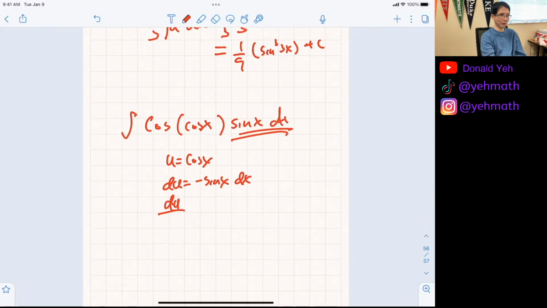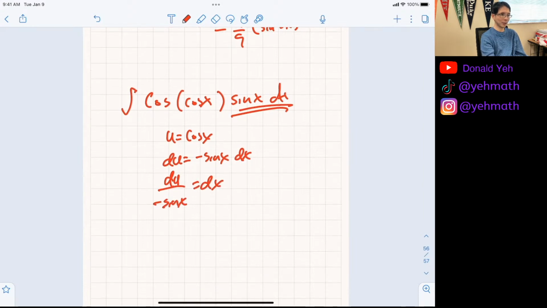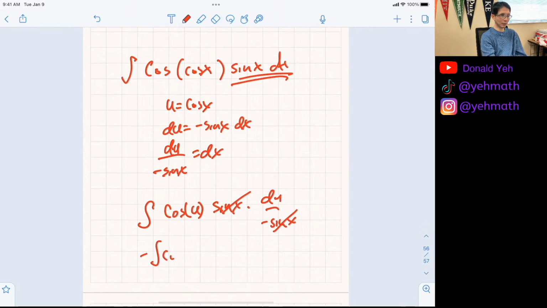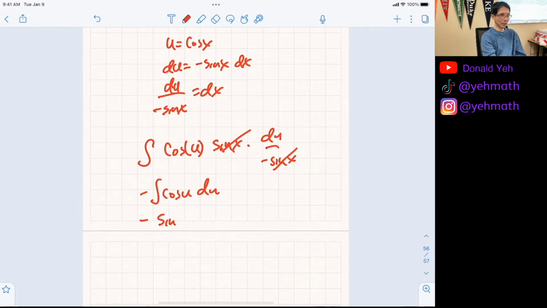Sometimes people just write it out like this too and don't see the canceling. I want a student to see the canceling, but you don't have to. So it'll be cosine of u, and then there's a sine of x, and there's du over negative sine of x. Sine of x cancels out. Just integrate negative cosine of u du, which is equal to negative sine of u, where u is cosine of x, plus c. Boom, done. Move on. Next question.